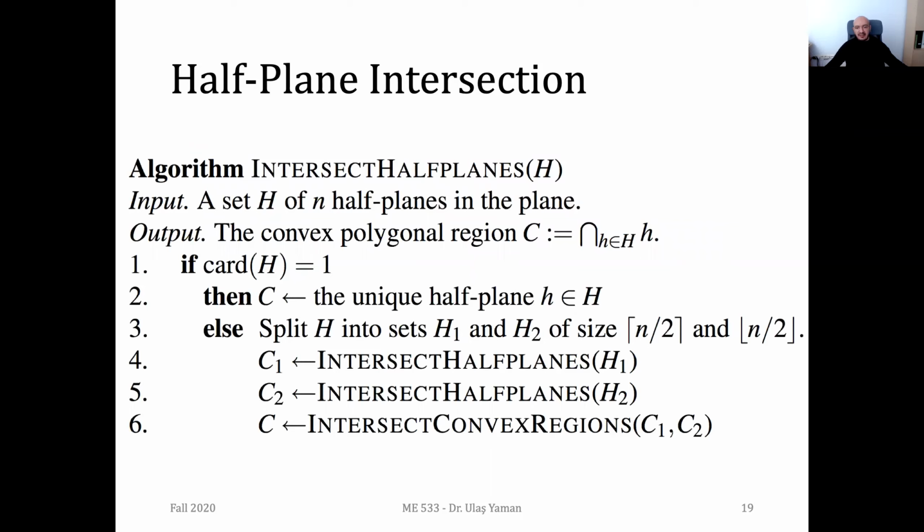So let's have a look at our algorithm, what we are going to do. As you see, the name of the algorithm is intersect half planes, since we have simplified the problem into the intersection of half planes. In the beginning, our problem was to find whether the given part is castable or not.